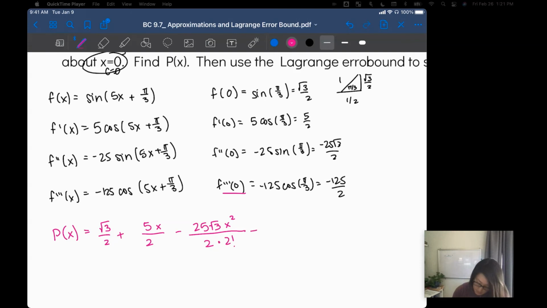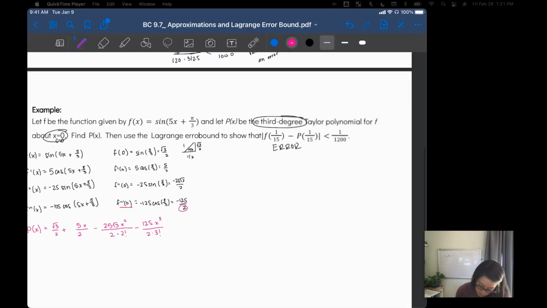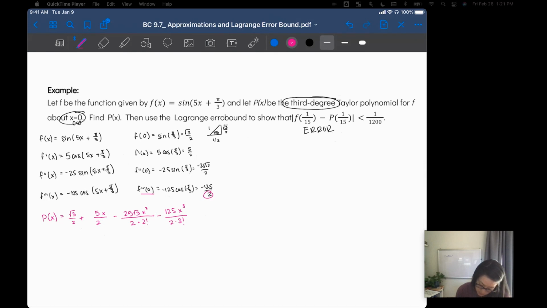And then another minus 125 x to the third over 2 from the denominator of f triple prime times 3 factorial. All right, so that is our third degree polynomial here. That's this part.